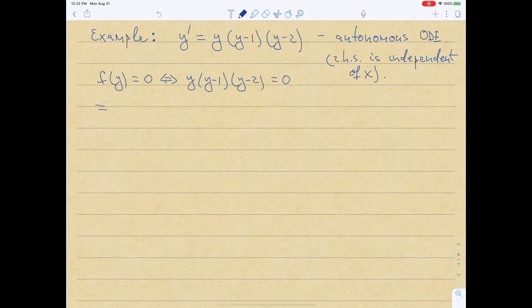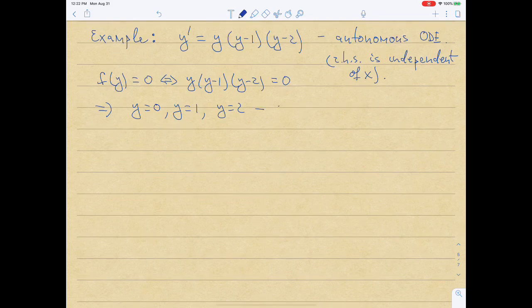This has three solutions: y equal to 0, y equal to 1, y equal to 2. So all of those then are equilibrium solutions of my ODE.